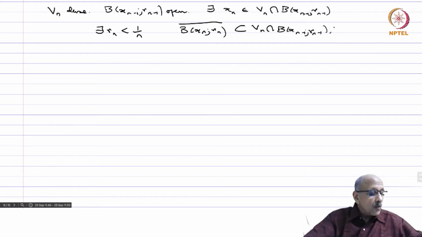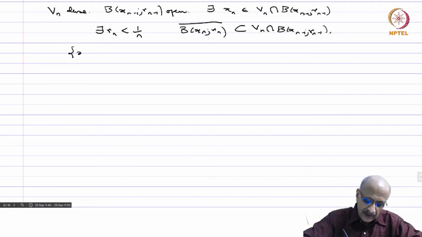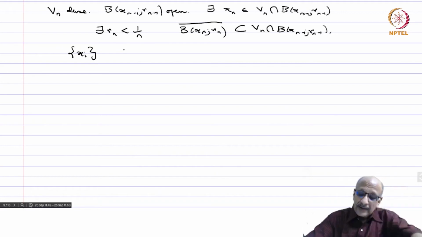Okay. So what have we constructed? We have constructed a sequence x_i, and the closure of B(x_i, r_i) is contained in the previous ball.